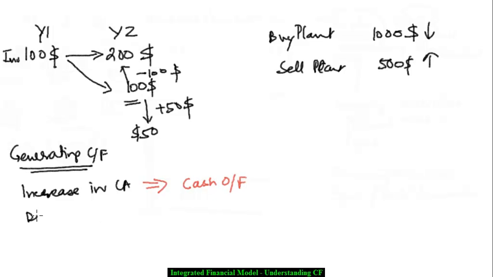Whereas a decrease in current assets is like a cash inflow, right? So if there is a decrease in current assets, it's good for the business. If there is a cash outflow, then it is bad for the business, right?